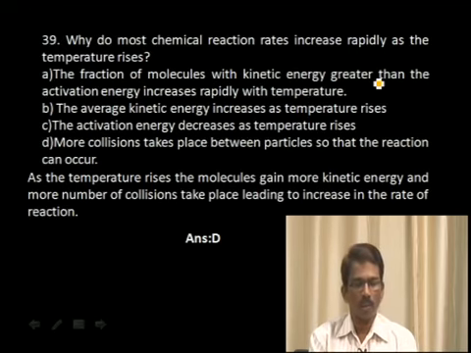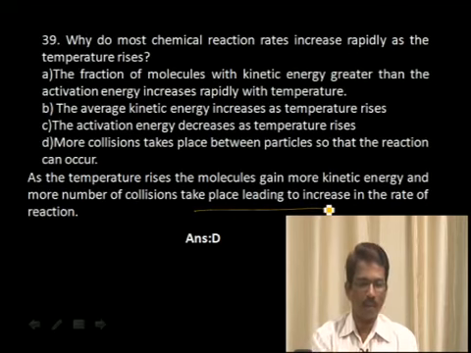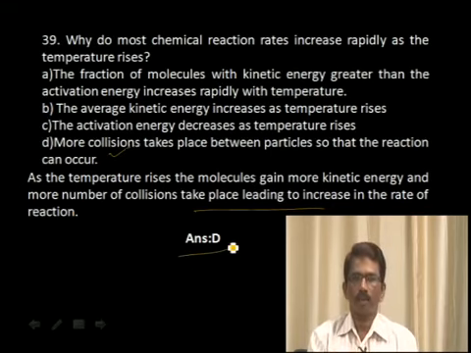D says more collisions take place between the particles so that the reaction can occur. From the Arrhenius collision theory, we all know that as the temperature rises, the molecules gain more and more kinetic energy and more effective collisions are possible, and that leads to an increase in the rate of reaction. And obviously option D becomes the correct answer for question number 29.